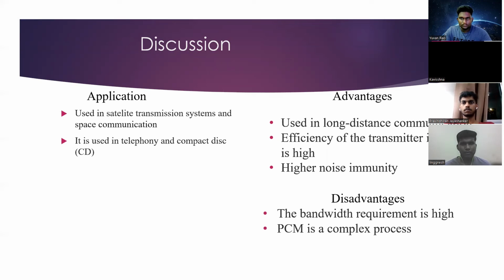For example, audio files such as Audio Interchange File Format, AIFF, and Waveform Audio Format, WAV, are using PCM encoding and decoding. Telephone companies like Maxis, Celcom, and DiGi are also using PCM technology for transmitting our voice call. PCM became the standard method used in public switched telephone network to convert analog signal into digital data. That's all for the discussion, sir.